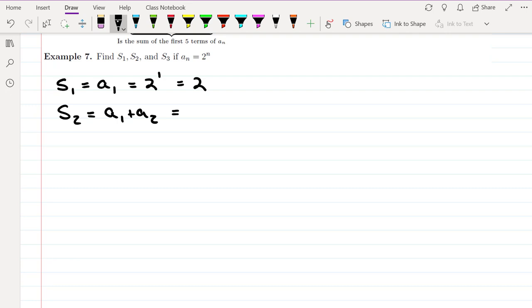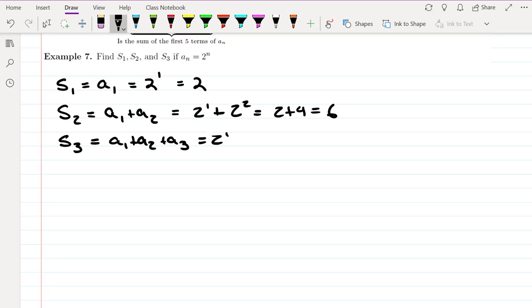Well, a1 is going to be 2 to the first power, plus a2 is going to be 2 to the second power, so that's 2 plus 4, which is going to give us 6. And s sub 3 would be a1 plus a2 plus a3, which is 2 to the 1 plus 2 squared plus 2 cubed, so that's 2 plus 4 plus 8, which is equal to 14.